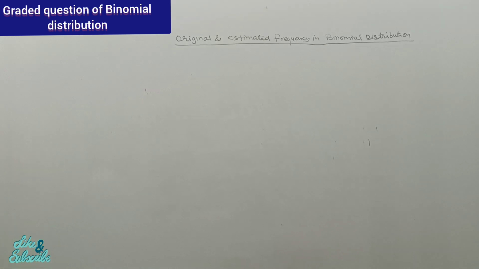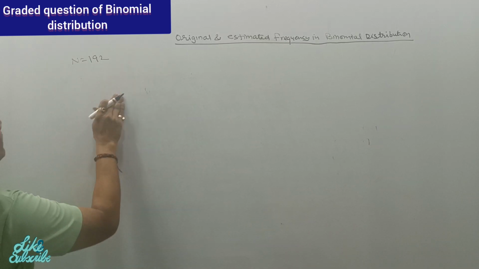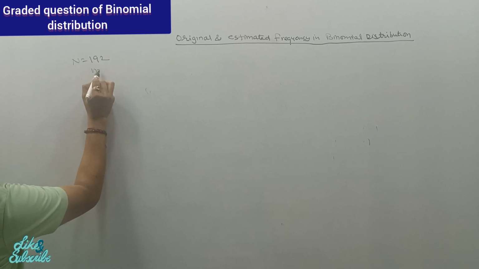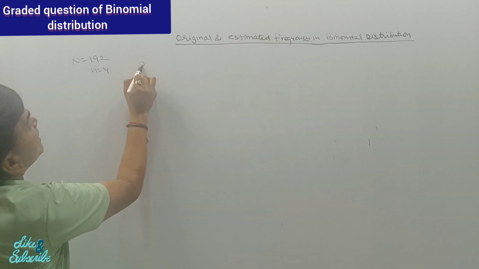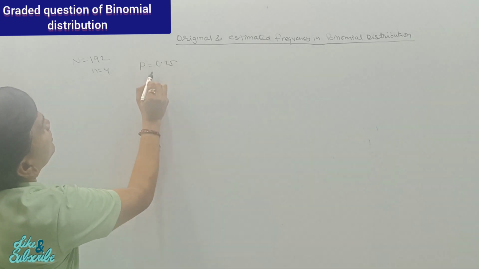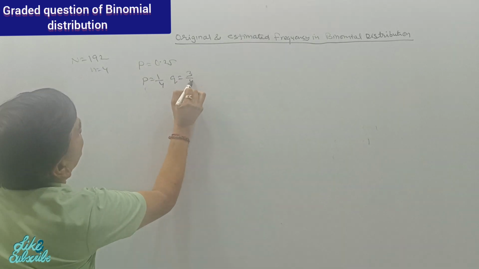Okay, one more question related to this. We have 192 families, and each family has 4 members. The chance of an albino child is 0.25, so the probability p is 1 by 4 and q is 3 by 4.